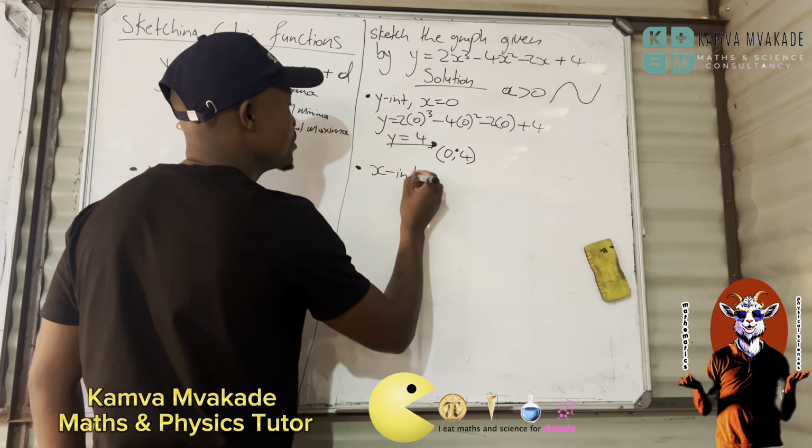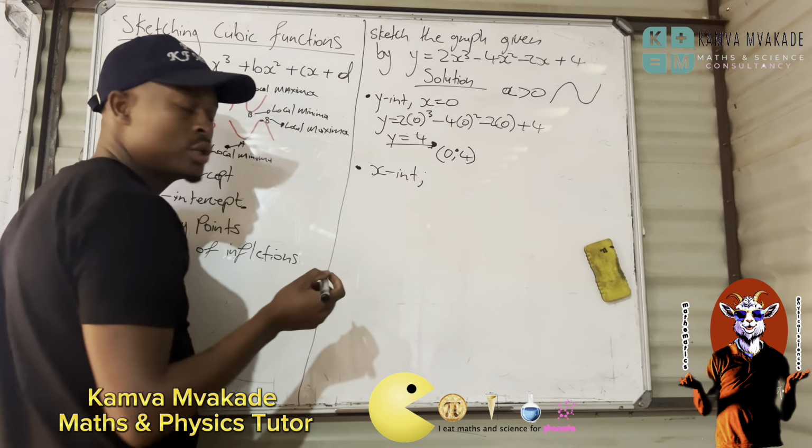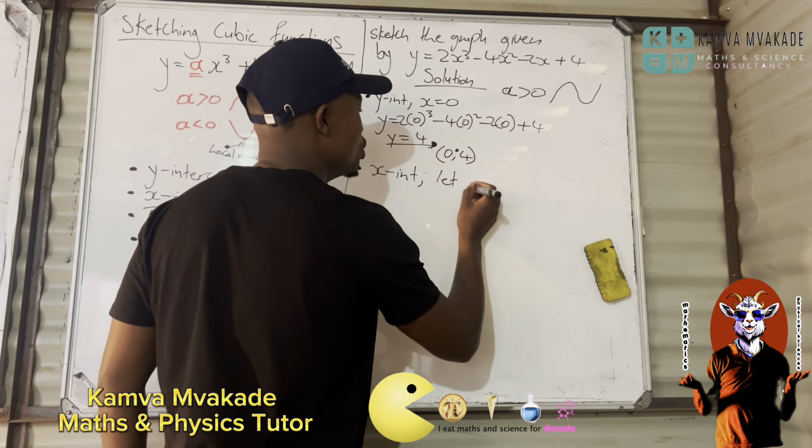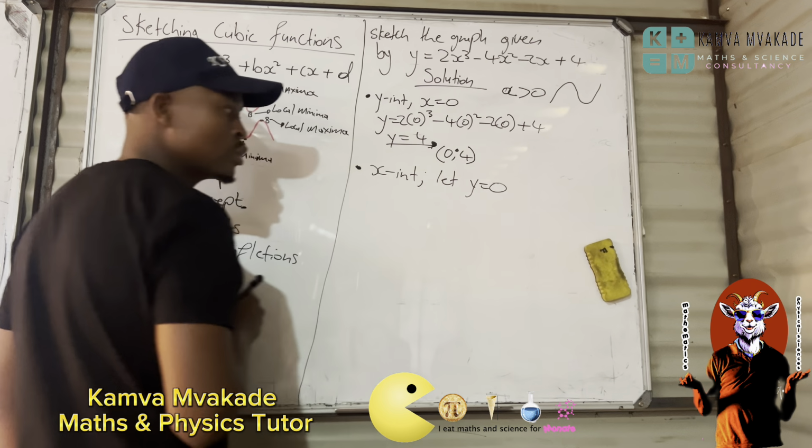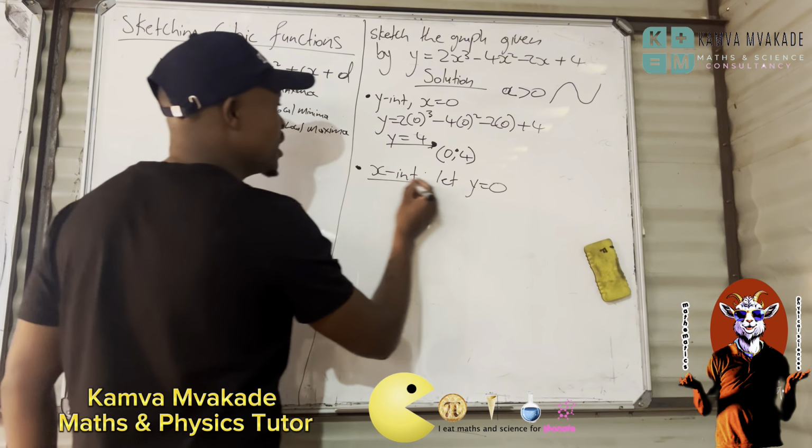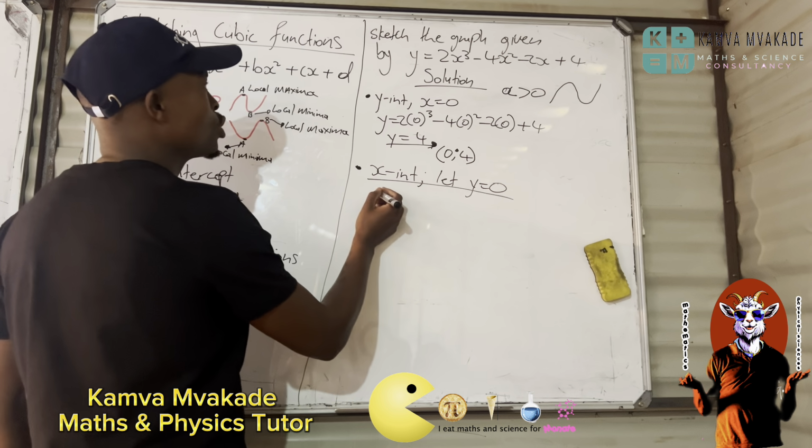Now the x-intercept. With the x-intercept, you let y be equal to 0.